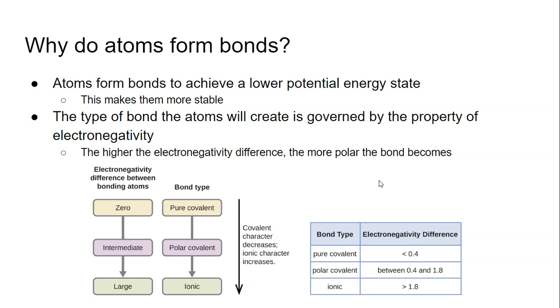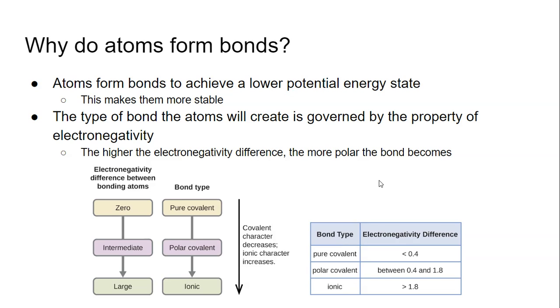If the electronegativity difference is basically zero, then you're going to have a purely covalent bond, which means that the two elements are going to share electrons so that each one fills octet rule. If it's kind of in the middle ground, so somewhere between 0.4 and 1.8, if we're looking at the Pauling scale, then what you're going to end up with is a polar covalent bond, meaning that one of the elements is an electron hog, and you're going to see a partial positive and negative charge on the two atoms participating in the bond.